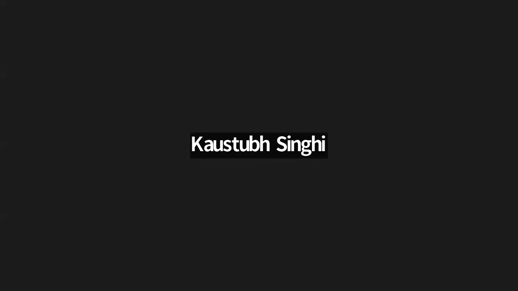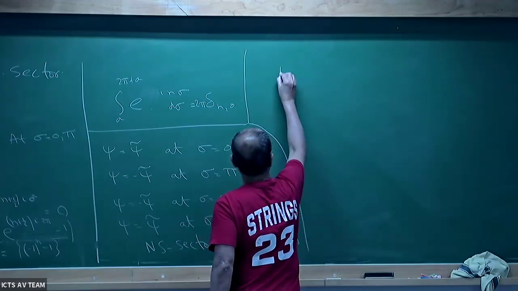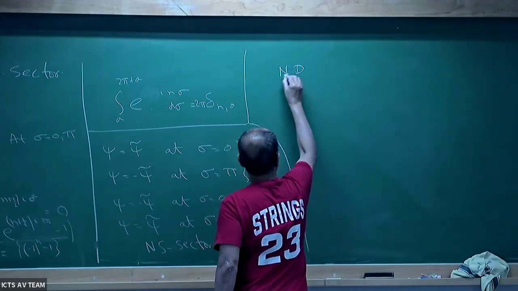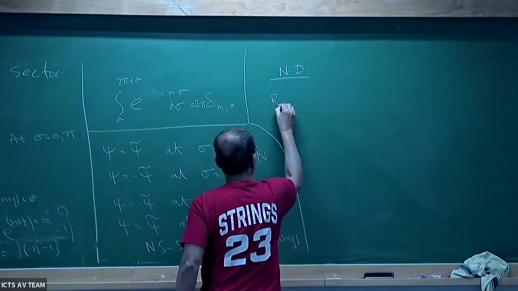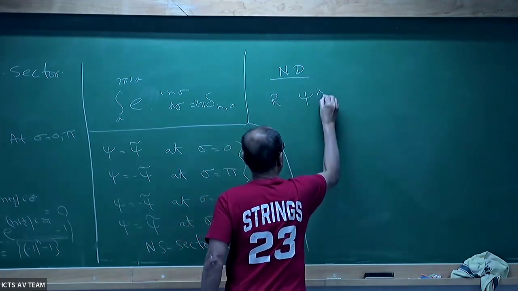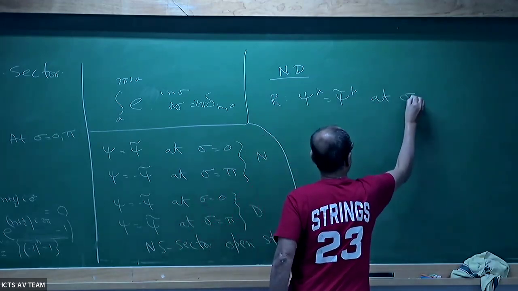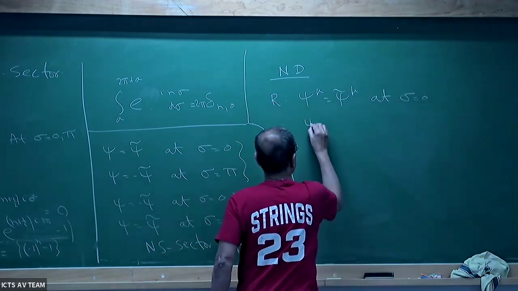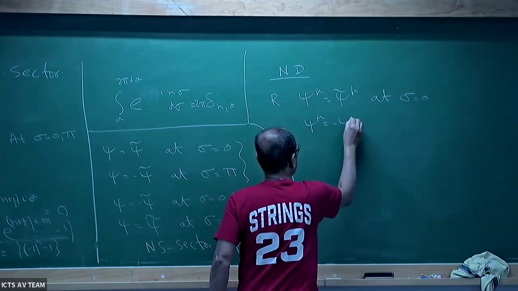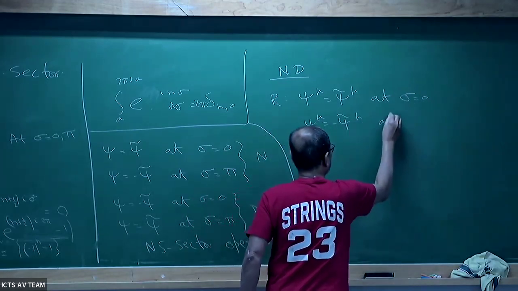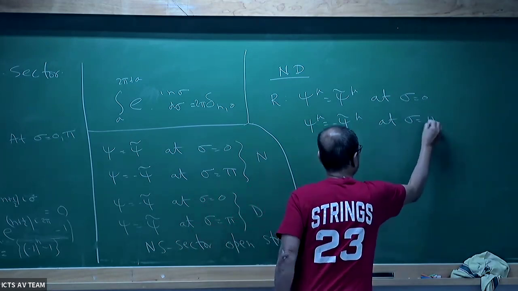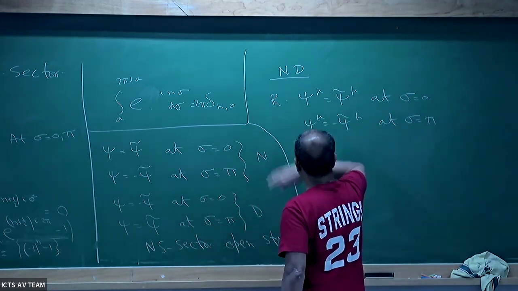Was there a question? Yeah, what did you say regarding the mixed thing? The Neumann at one end, Dirichlet at the other. So if you have ND, then we will declare Ramond as psi mu equal to psi tilde mu at sigma equal to 0 and psi mu equal to minus psi tilde mu at sigma equal to pi, because at the pi end, it has become Dirichlet.